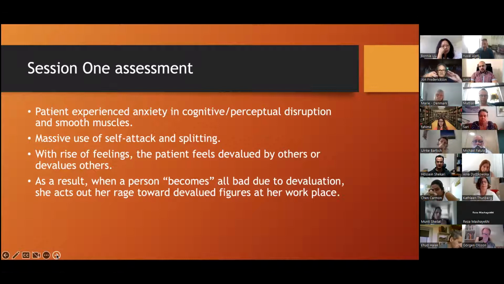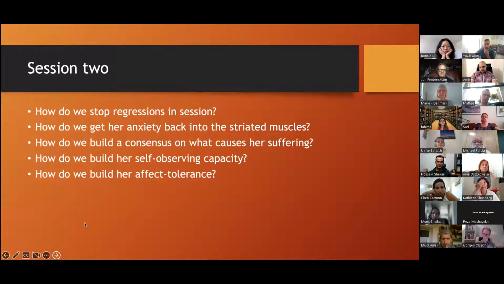When she would become angry, she would split and regard someone as all bad, and then she could act out her rage toward these all bad, devalued figures at work. In other words, she could split and view someone as all bad, and that would justify her acting out in angry outbursts.